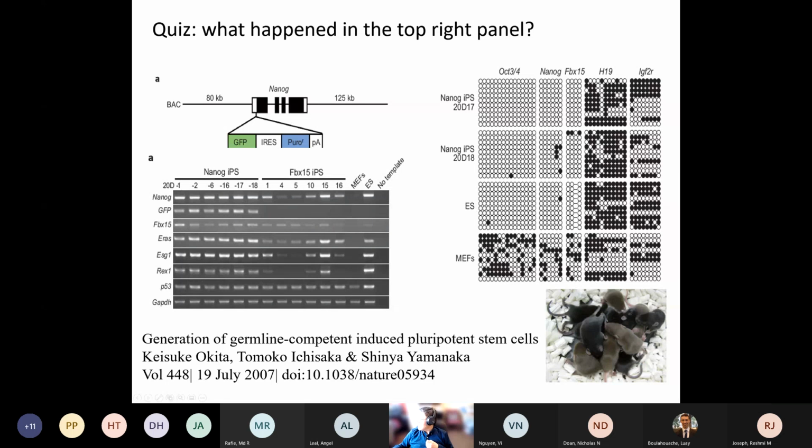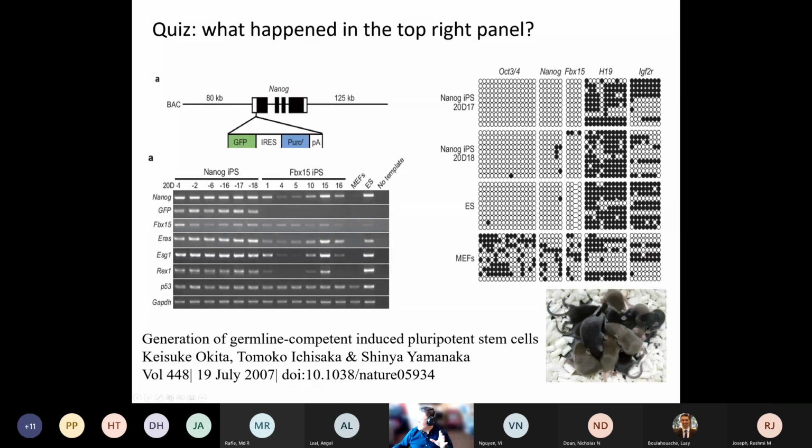So the ESCs, you see, the H19 and IGF2 receptor are genes specific for somatic cells, for example, like fibroblasts. Therefore, you can see that, so it's heavily methylated.